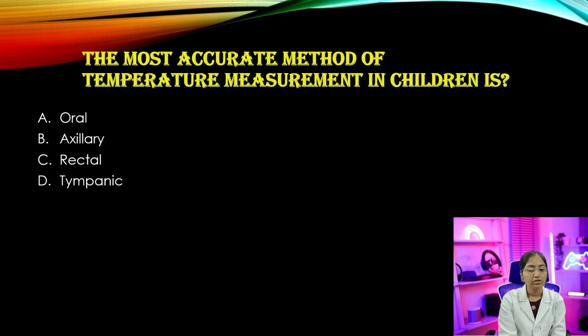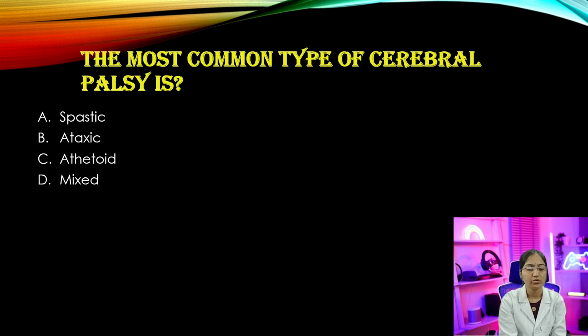Next question. The most accurate method of temperature measurement in children is. Options given below. Right option is rectal. Next question. The most common type of cerebral palsy is.